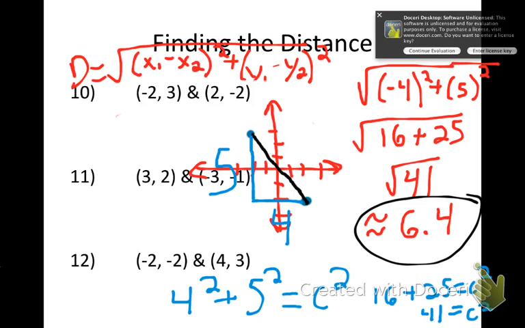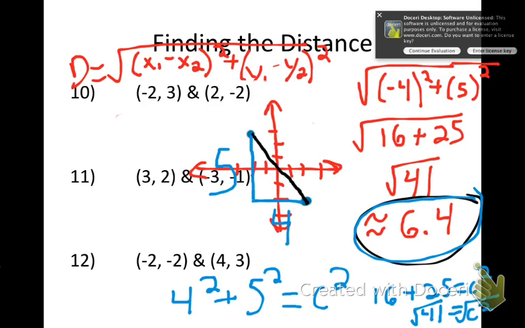And then our last step, no matter what we're doing, is always find the square root. Square root of 41 is, well, we already found it, still 6.4. Okay? So if you think you're going to struggle with that subtraction of everything, hey, plot the points out, put the right triangle in, and use the Pythagorean theorem. Okay?